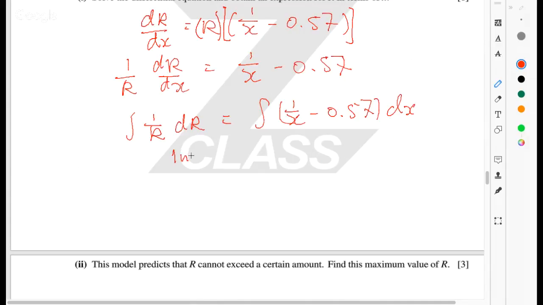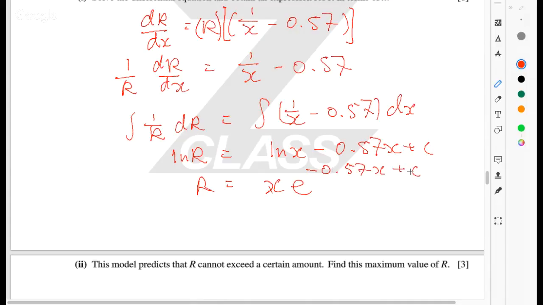We get ln r is equal to ln x minus 0.57x plus c, where c is the constant of integration, so r is equal to x e to the minus 0.57x plus c.